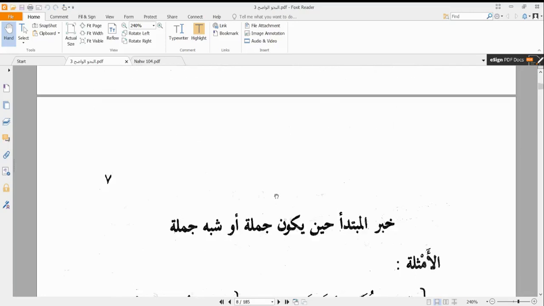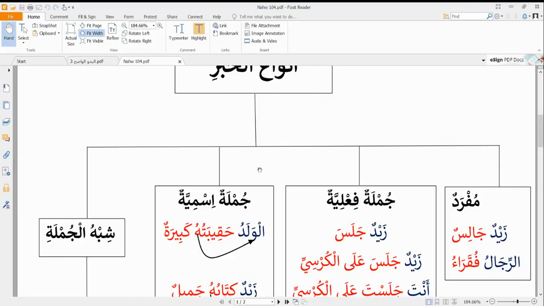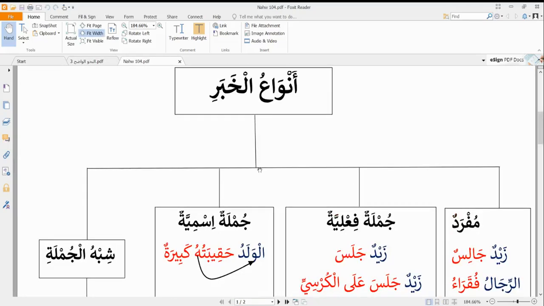So that brings us to the end of this lesson in خبر المبتدأ حين يكون جملة أو شبه جملة, when our خبر المبتدأ, which is our subject predicate, is either a jumla, a sentence, or a shibhul jumla. So that brings us to the end of this lesson.